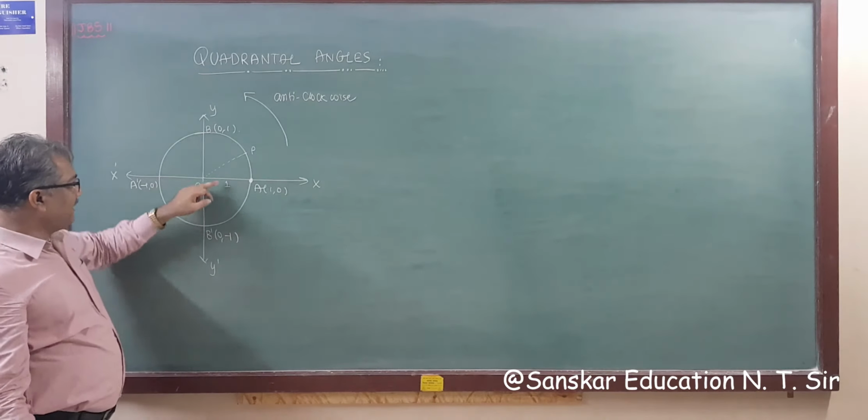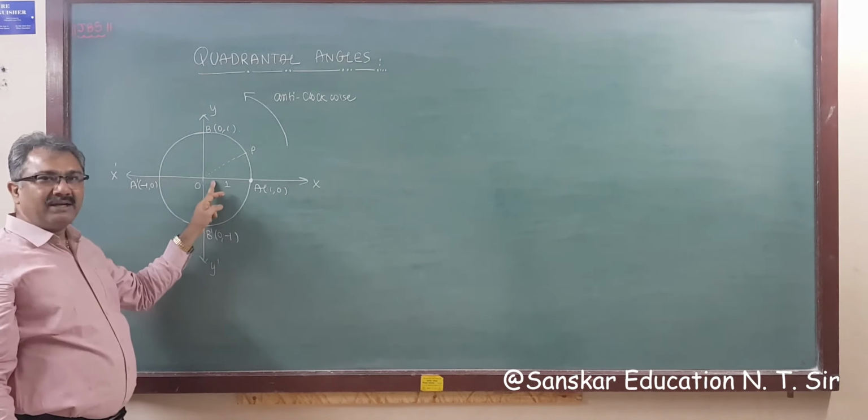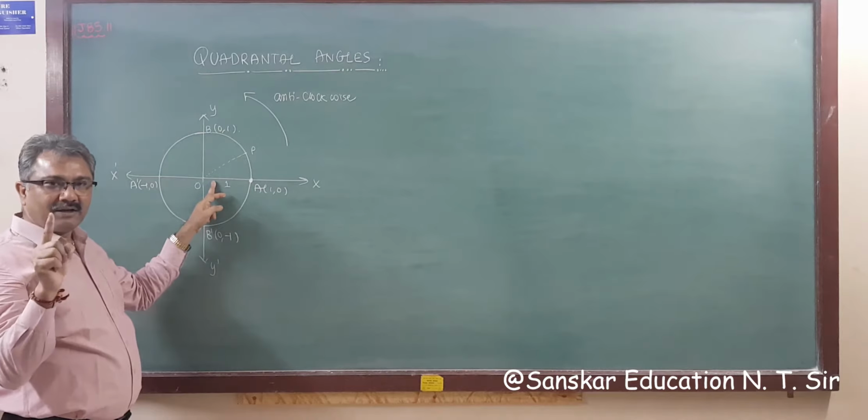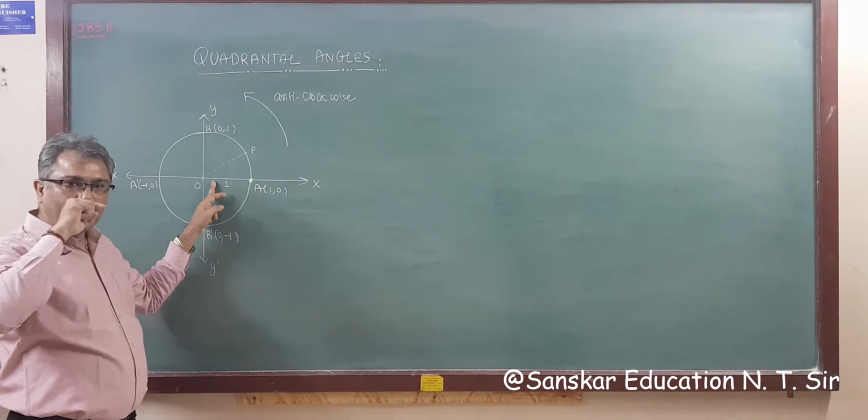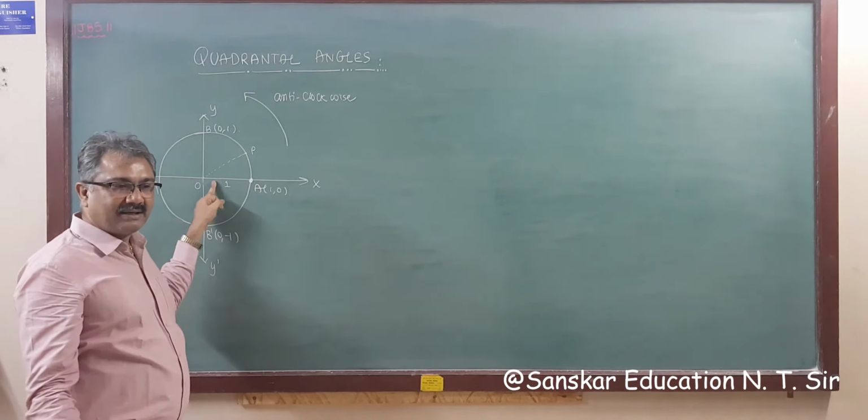Then it moves 2 pi radian in one complete revolution, that we learned in earlier classes.